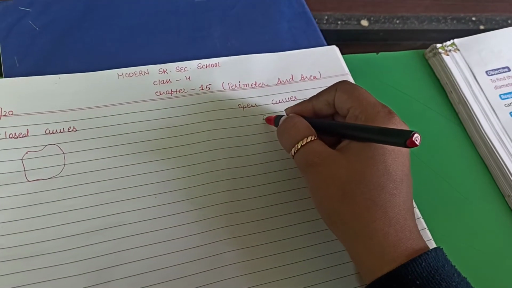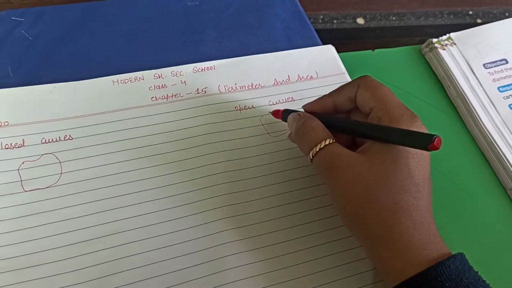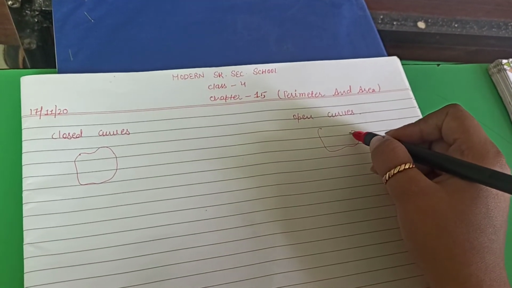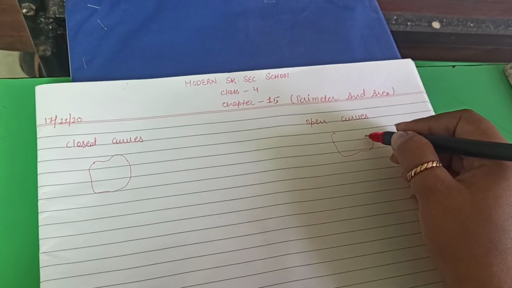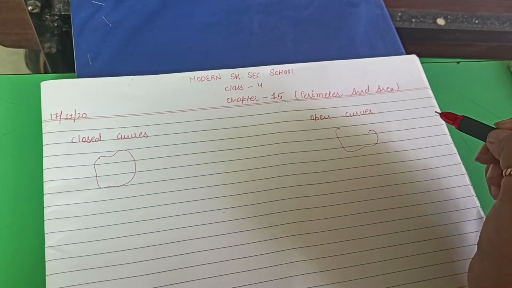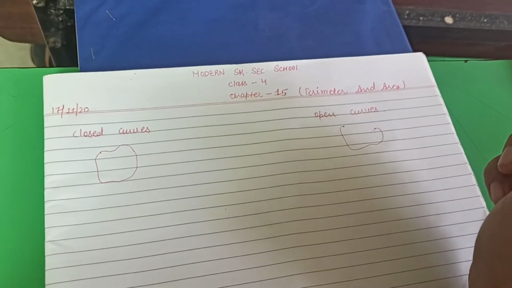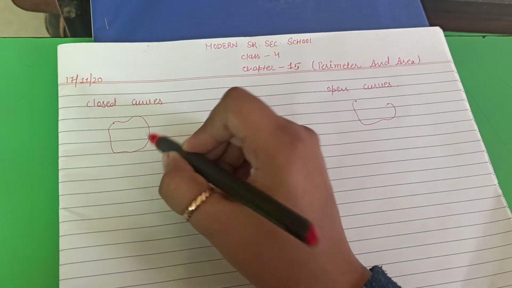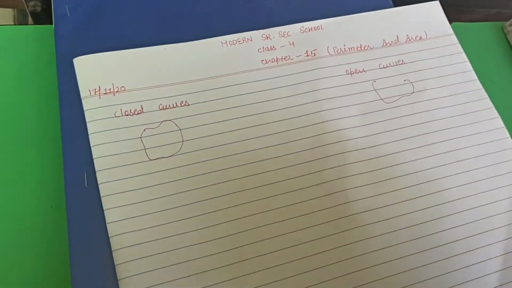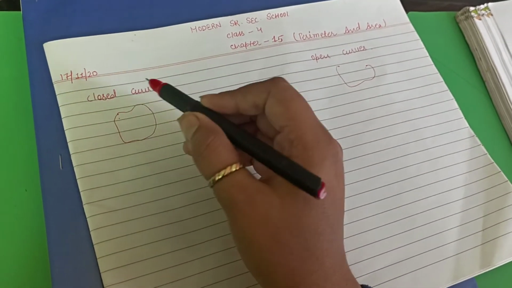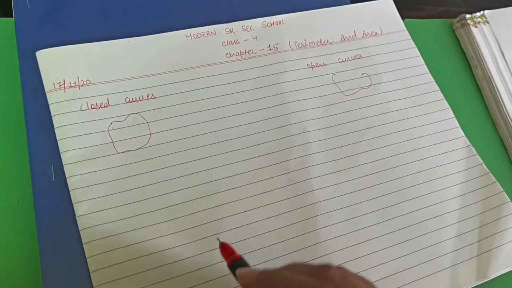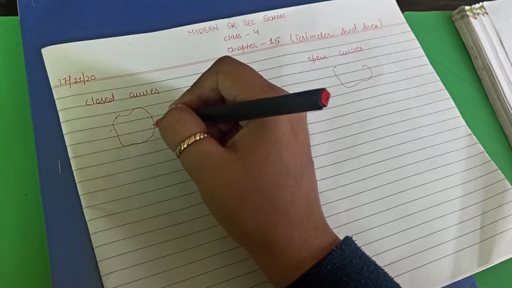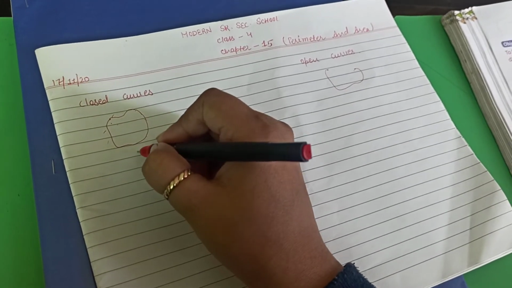Open curve, let's stop here. It's, you can say, the starting point or the initial point is not the same as the end point, right? Its initial and starting point are not the same. That is the open curve. So to find the perimeter and area we will discuss the closed curves. So in this, the initial and the final point are the same. When we find the sum of these boundaries, just these boundaries, not inside, only outside, that is called the perimeter.